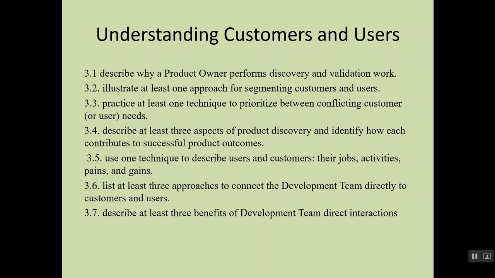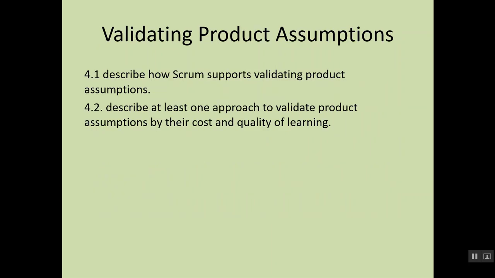Then one technique to describe users and customers, their jobs, activities, pains and gains. The sixth topic is some approaches to connect the dev team directly to the customers and users. And the last point is some of the benefits of development team direct interaction with product owners and the customers. These are the topics we'll cover under understanding customers and users.